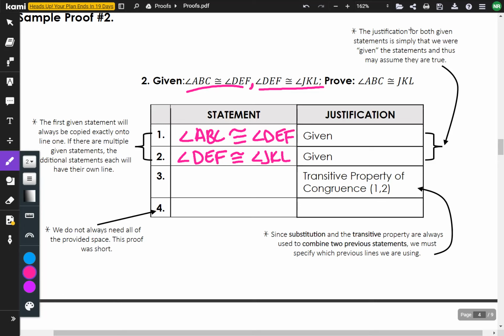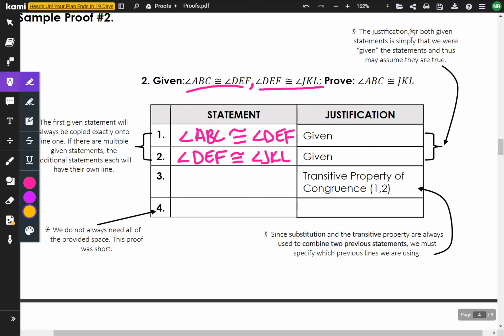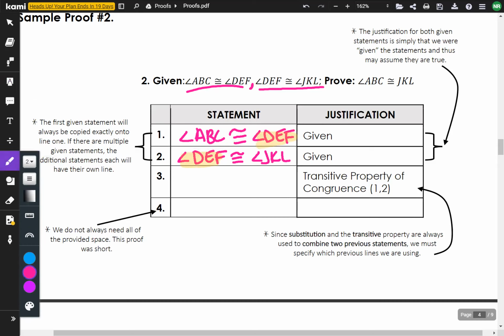What are they both congruent to, or what are they both equal to? They're both equal to DEF. So if they're both equal to the same thing, they must be equal or congruent to each other. So ABC is also congruent to JKL.